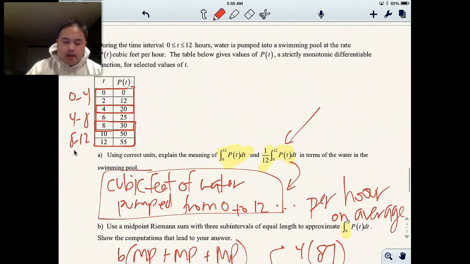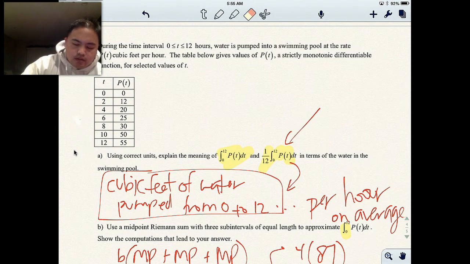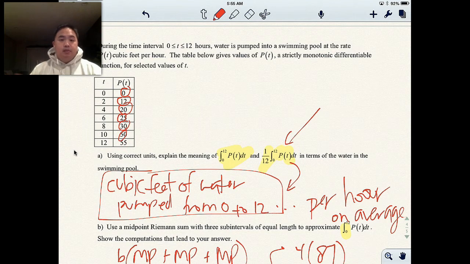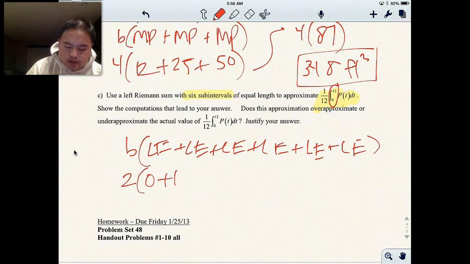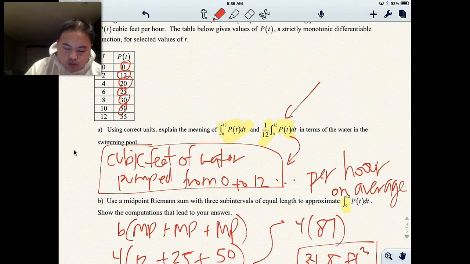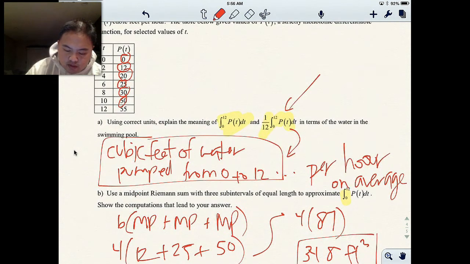If I look at my table here, here's left endpoint 1, left endpoint 2, 3, 4, 5, and 6. Those are my 6 left endpoints. I'm starting from the left, and I take the first 6. So I've got 0, 12, 20, 25, 30, and 50.